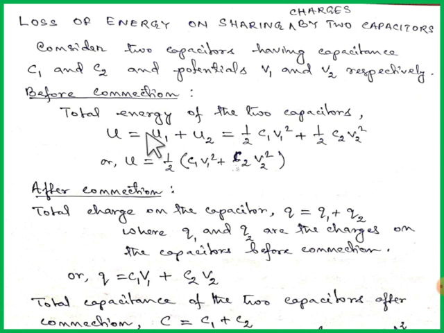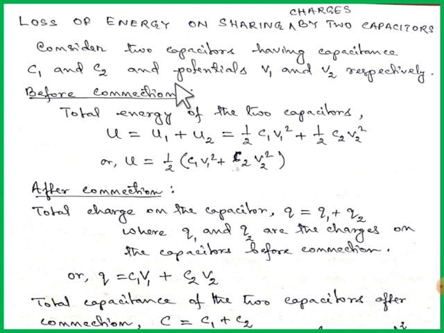Now let's take it that C1 and C2 are the two capacitors, having potentials V1 and V2 respectively. Before connection, after charging, the capacitors C1 and C2 have capacitances C1 and C2 with potentials V1 and V2 respectively.